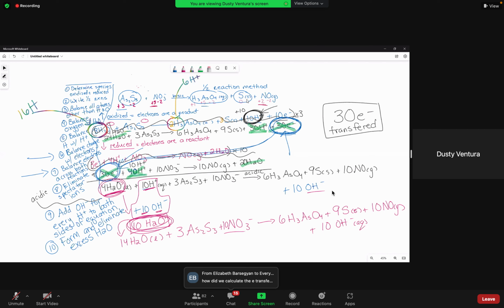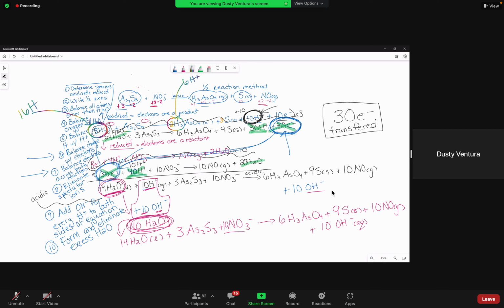The electrons transferred, they're not calculated so much as you arrive at the electrons transferred. You figure out how many electrons you need to balance the charges of the equation. So if you look at step 6, that's balanced charges with electrons. So I looked at the charges on the left and the right of my reaction, and then I added in how many electrons I need.